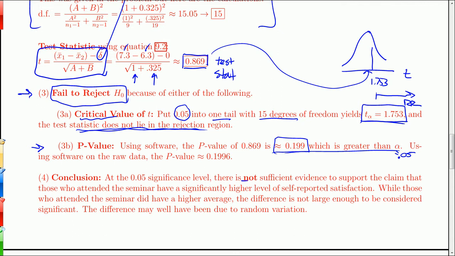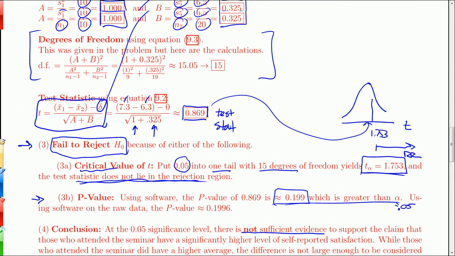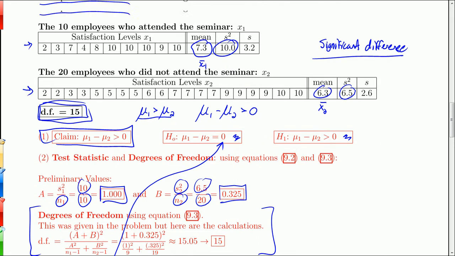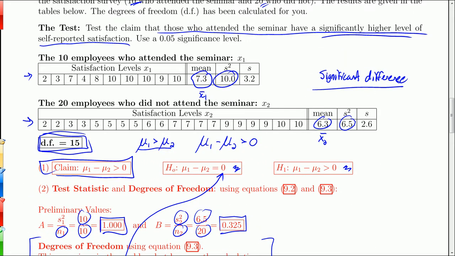Specifically, there is not sufficient evidence to support the claim that those who attended the seminar have a significantly higher level of self-reported satisfaction. Right? So the point is, sure, if you look at these two groups, and that's the entire population of all 30 employees, the mean for those who attended the seminar is 7.3.